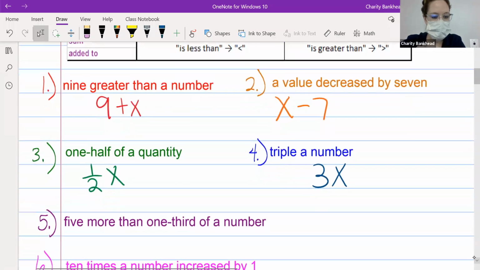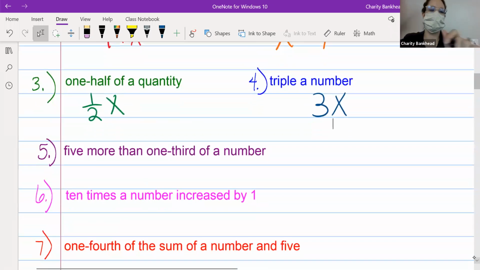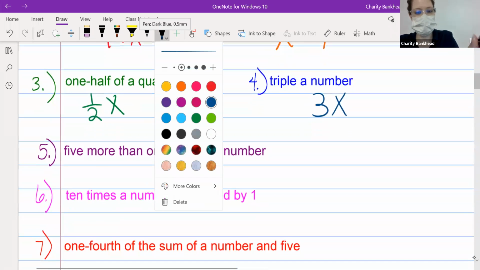And then 5 more than 1/3 of a number. So that would be 5 plus 1/3 X.